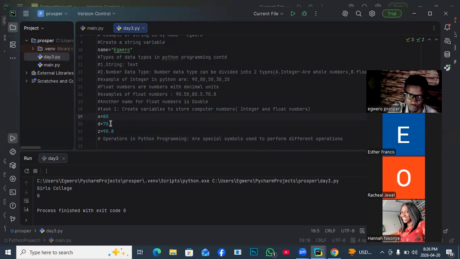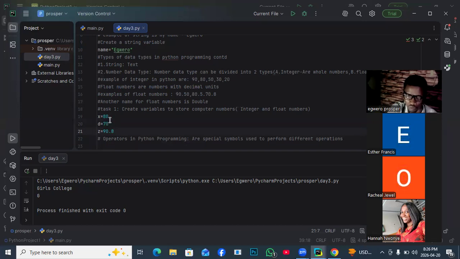What type of value or number is variable d holding? 80. What about z? What type of number is z holding? Is it an integer? Float number. Good.